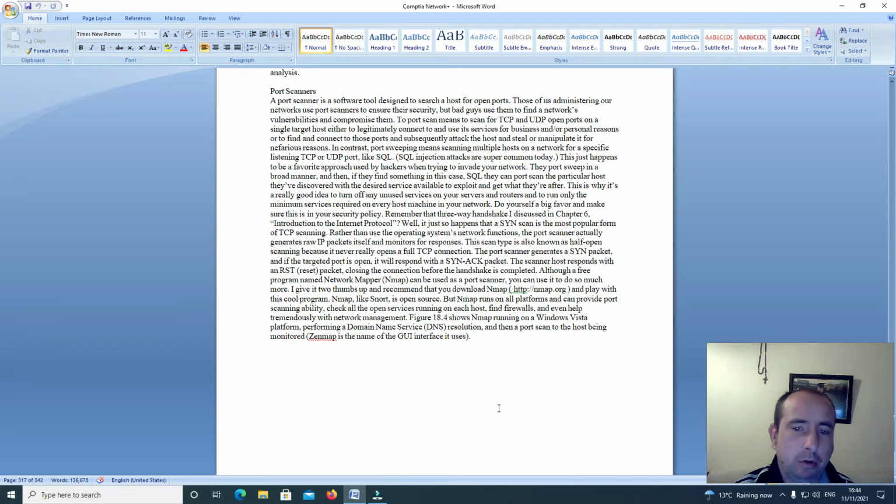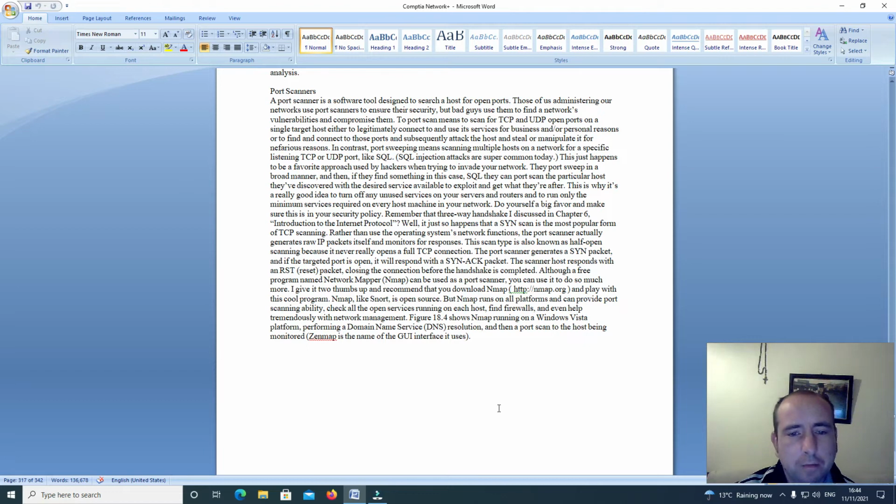To port scan means to scan for TCP and UDP open ports on a single target host, either to legitimately connect to and use its services for business and/or personal reasons, or to find and connect to those ports and subsequently attack the host and steal or manipulate it for nefarious reasons.